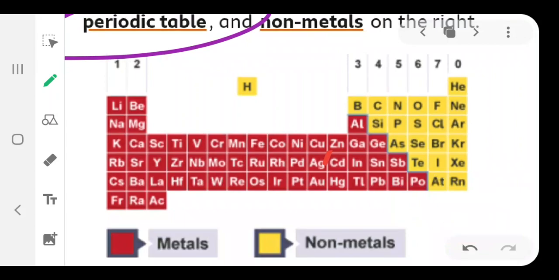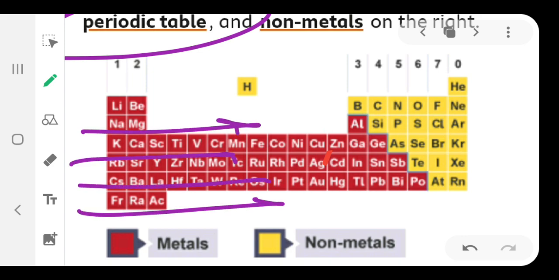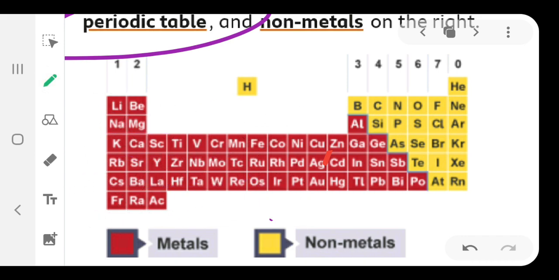It is divided into two main formats. When I go from left to right, we call them periods. And if I move from top to bottom, we call them groups.